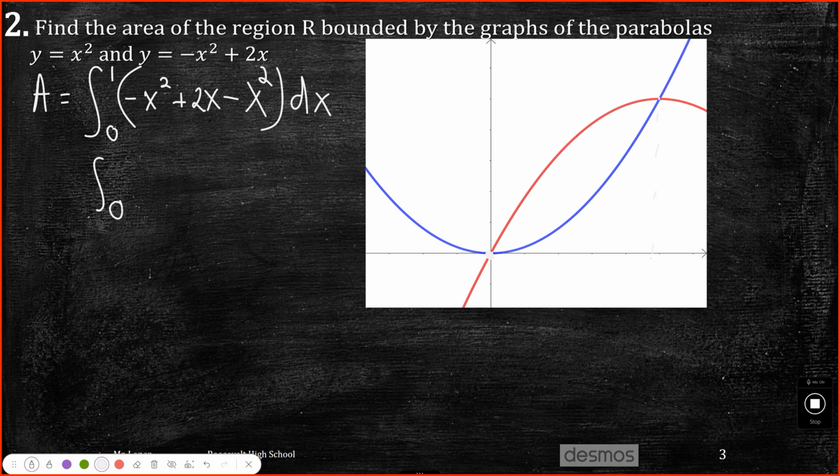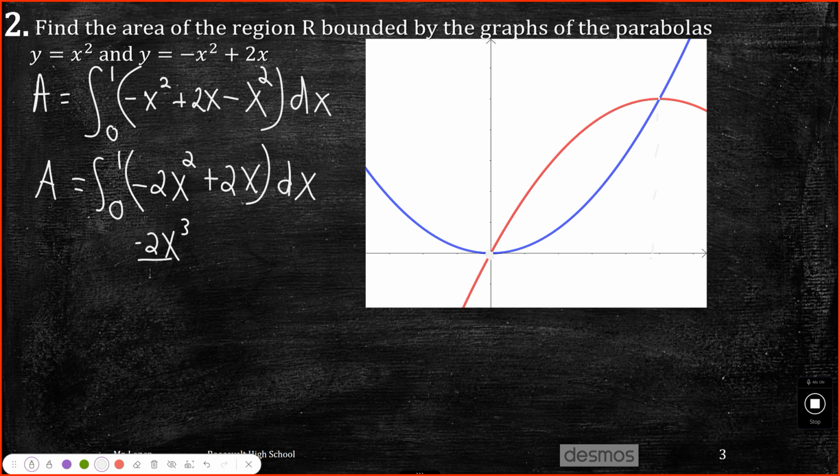So 0 to 1. We can do algebra here. Negative 2x squared plus 2x dx. This is the area. Going to integrate: negative 2 thirds x cubed plus x squared, 0 to 1.